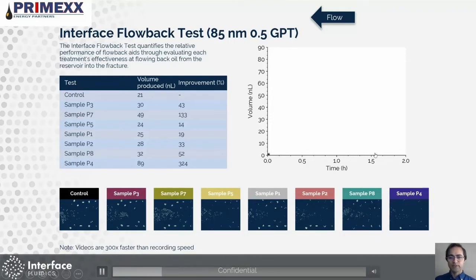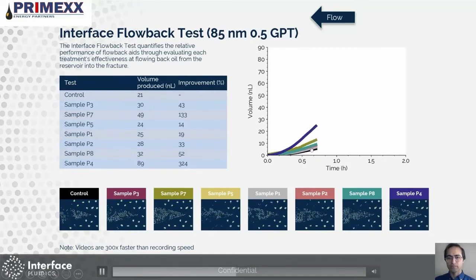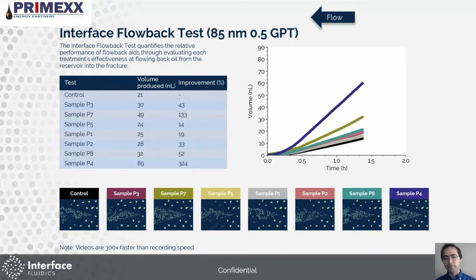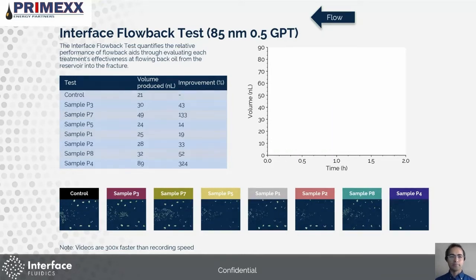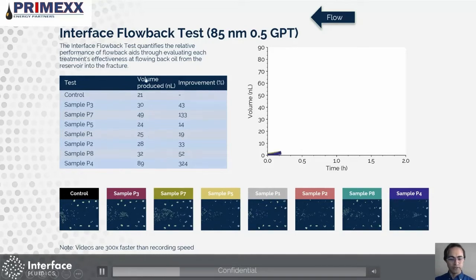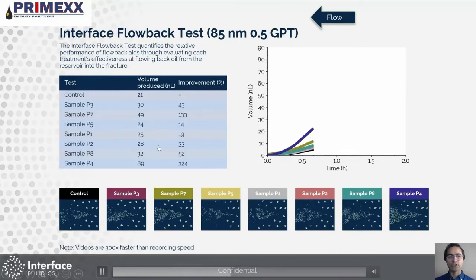As you can see, the oil comes in for different cases, and the equivalent volume is plotted in this graph versus time. There are different behaviors depending on different chemistries, and this table shows the final, overall volume of the oil flowing back at the same pressure differential for all cases.